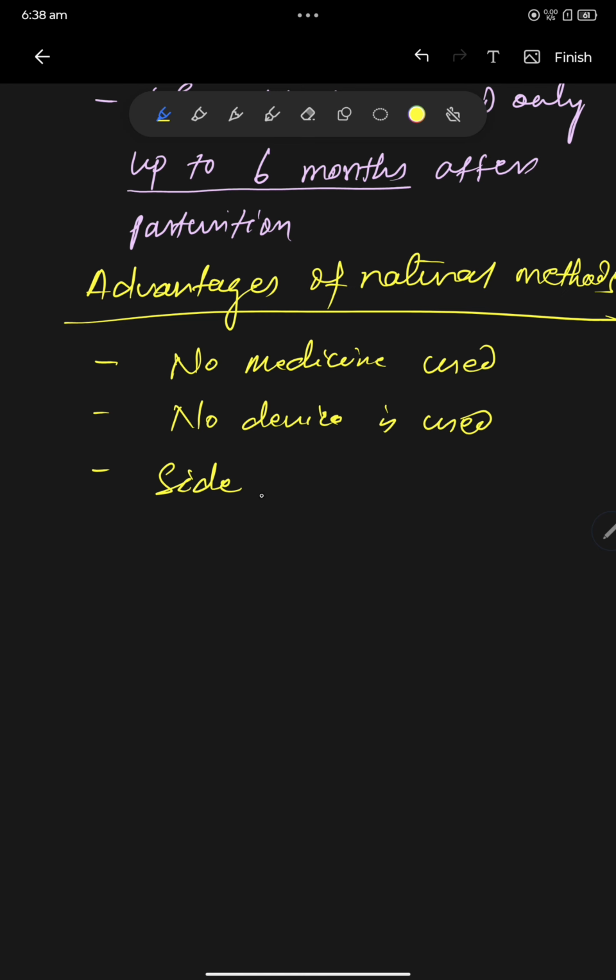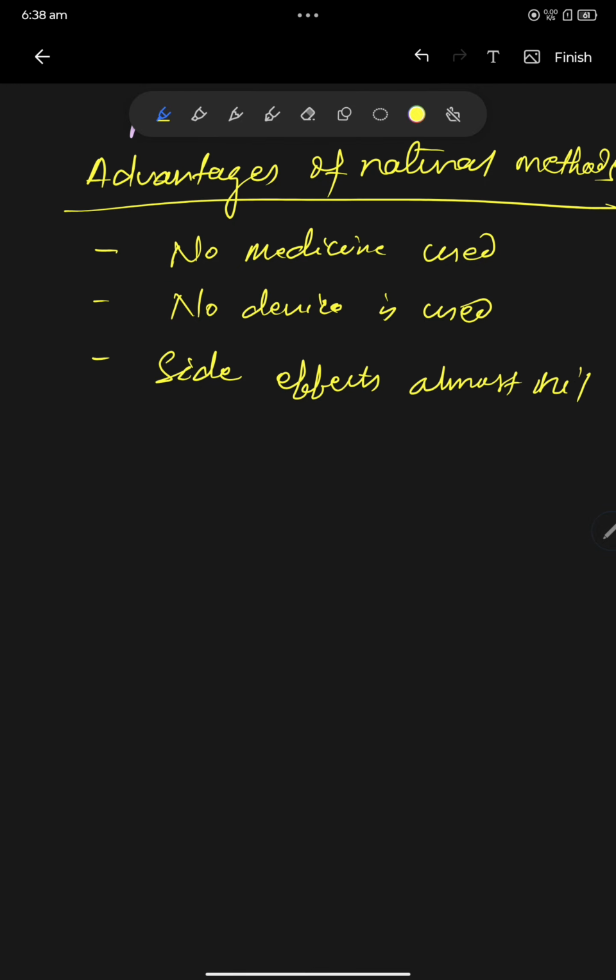The side effect is almost nil. But there is a disadvantage: the chance of failure is there. What is the greatest disadvantage? This is very, very important.